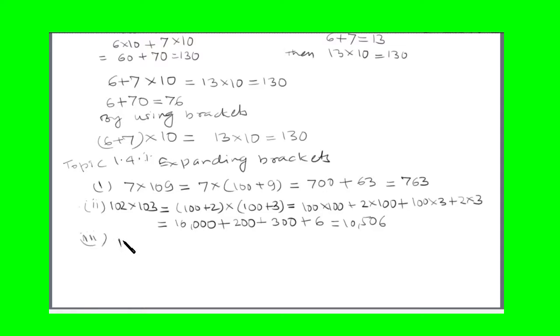17 multiplied by 109. So 17 is split into two parts, 10 plus 7, multiplied by 109, which becomes 100 plus 9 in the second bracket.